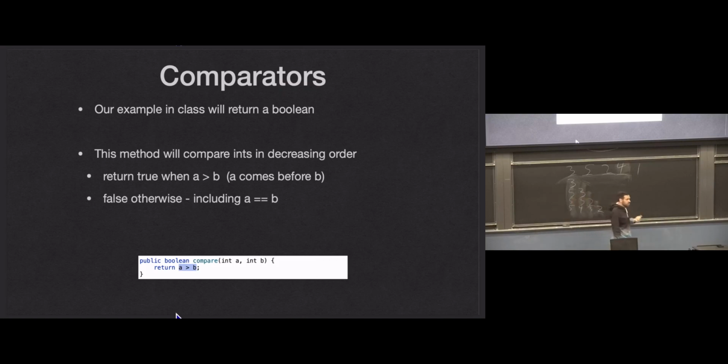And if they're equal to each other, notice I'm not using greater than or equal. I'm using strictly greater than. So it'll be false if they're equal and false if B is larger than A. That gives me all of the properties that I would need from this comparator to be able to sort in decreasing order. The default sorting for ints is just the less than operator. If we use the less than operator here, we get that default ordering, that default sorting.